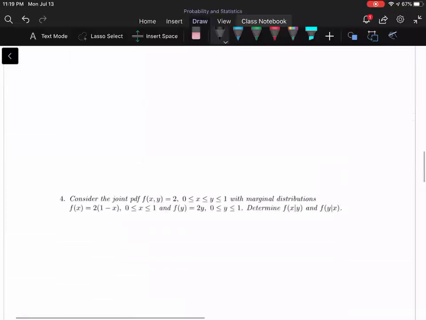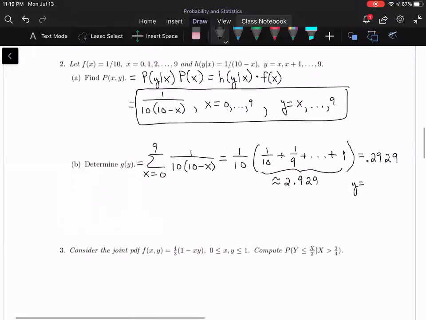Okay, so thanks for your patience. What happened was, with part B, we got an answer by adding across all x values, which based on the definition of the marginal distribution is what you should be doing. But then the support of y is still in terms of x.